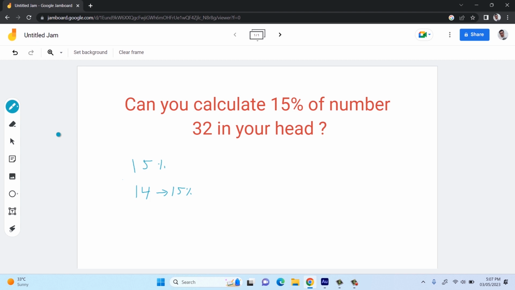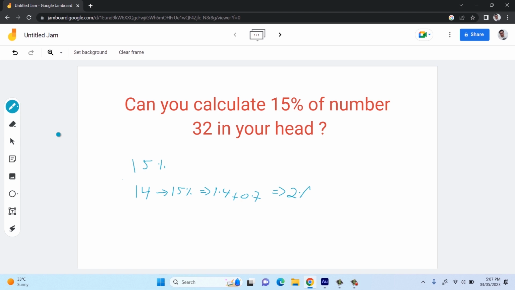So the 10% will become 1.4, and to calculate 5% we have to make it half. So it will become 0.7. So we have to plus 0.7. So it will become 2.1. So to calculate the percentage of any number, see first we are calculating the 10%, and then we are doing plus and minus with 10%. So this is the easiest method to calculate any percent of any number.